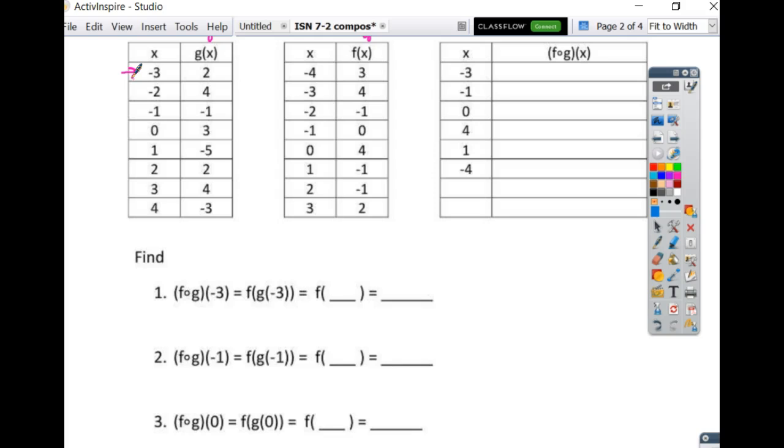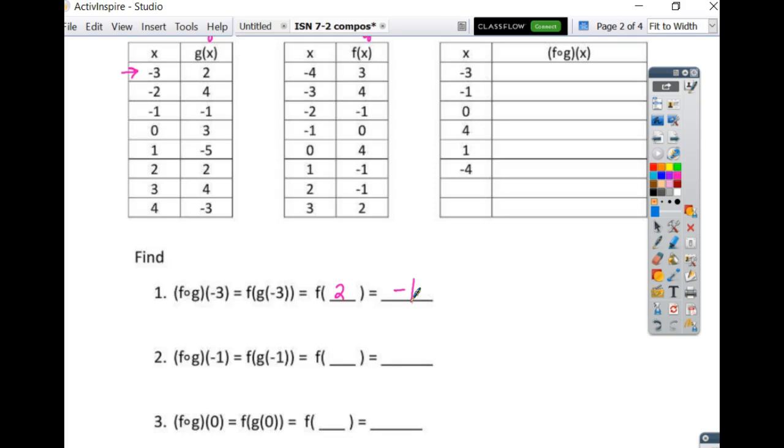So next I have to go to my f function. And the x is 2 now, so what's the output? And that's your answer. So it's kind of like a game. It's a puzzle. And you're having fun.